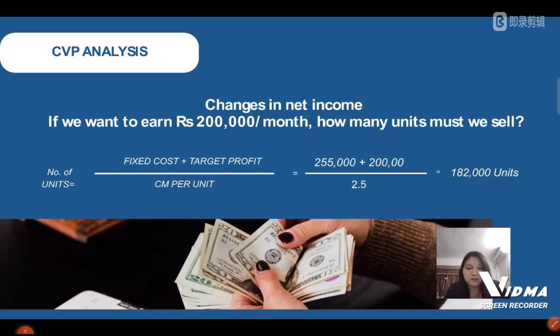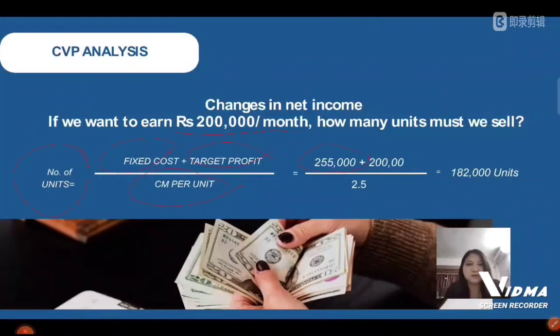So this is determined by how many units we are going to sell if we want a profit of 200,000 rupees per month. We need to add fixed costs plus our target profit divided by our cost margin per unit. Based on our table, that's 255,000 rupees.